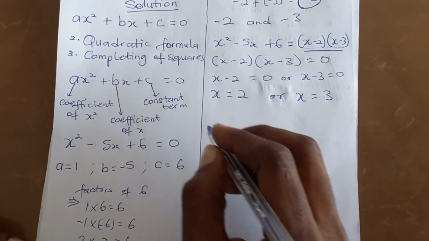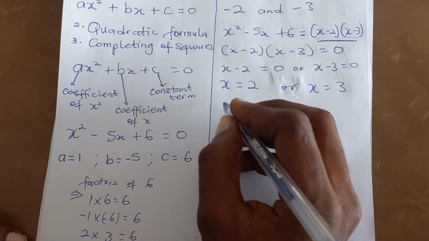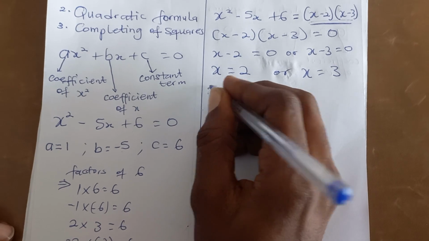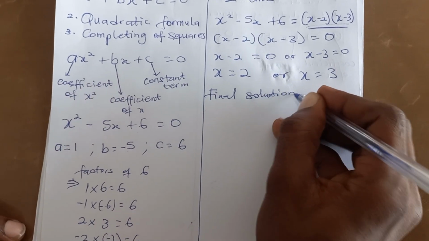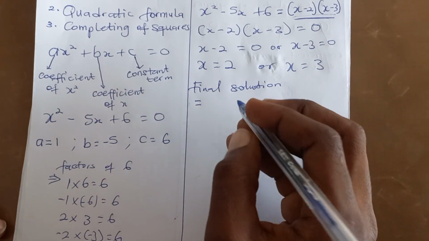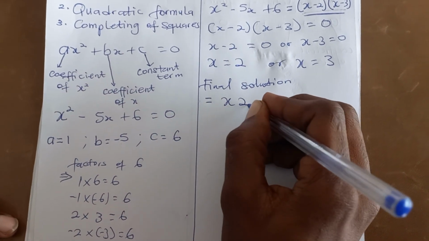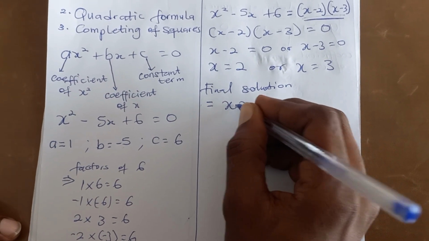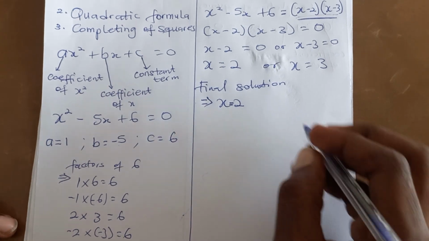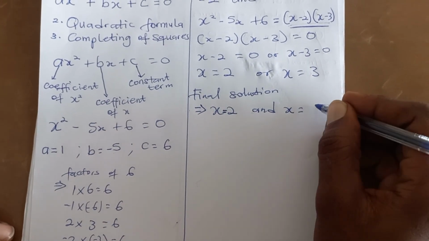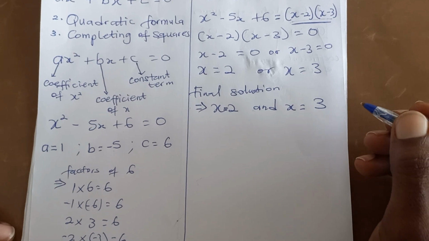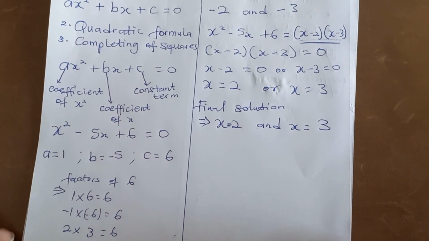So our final solution is x is equal to 2, and x is equal to 3.